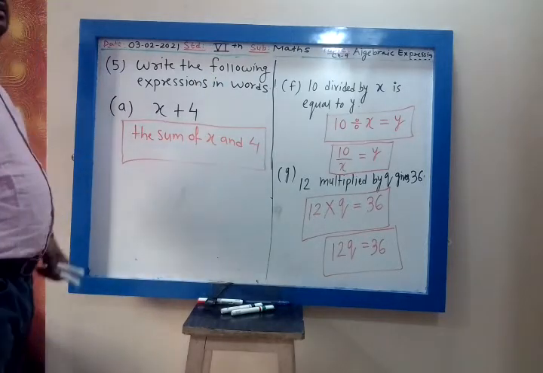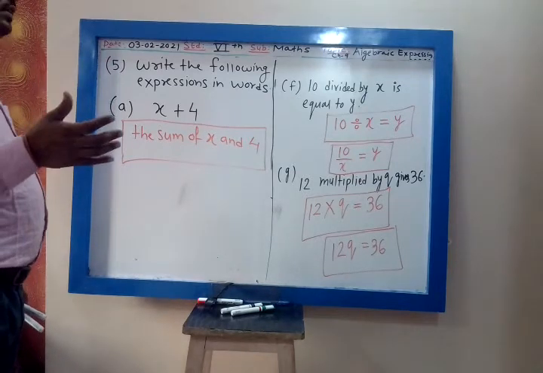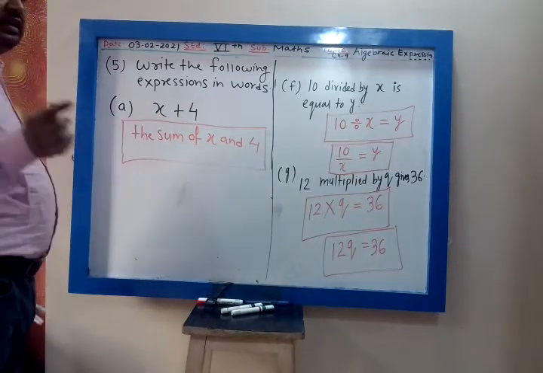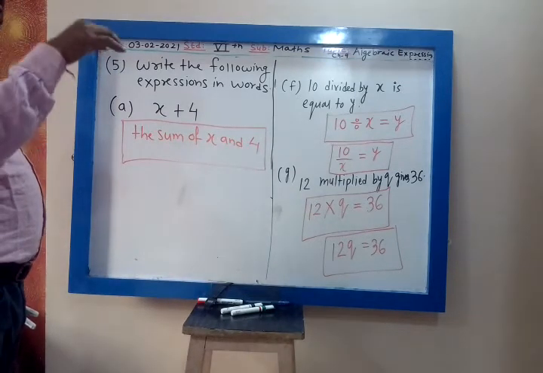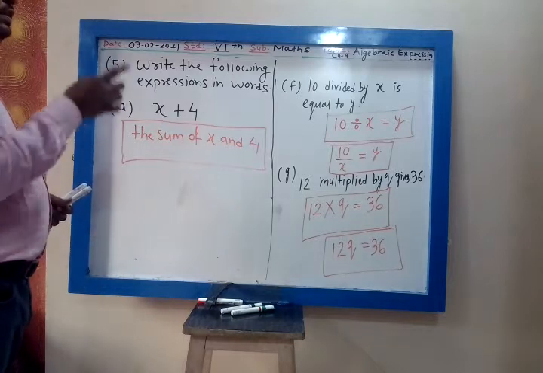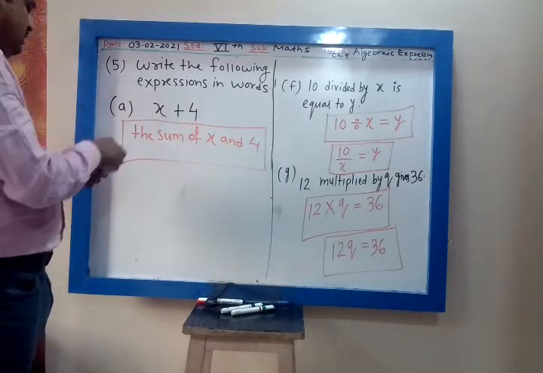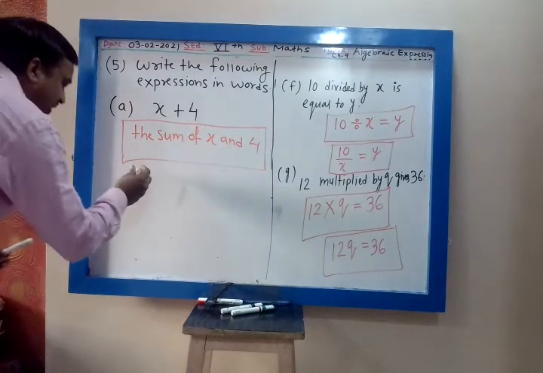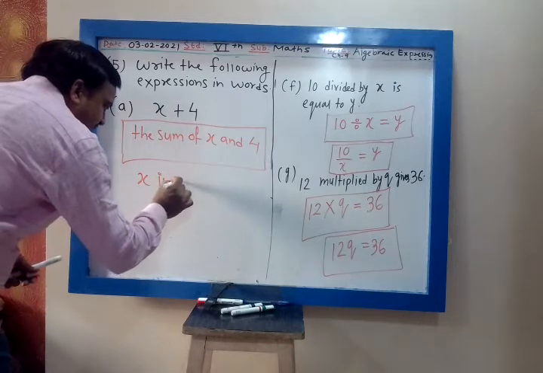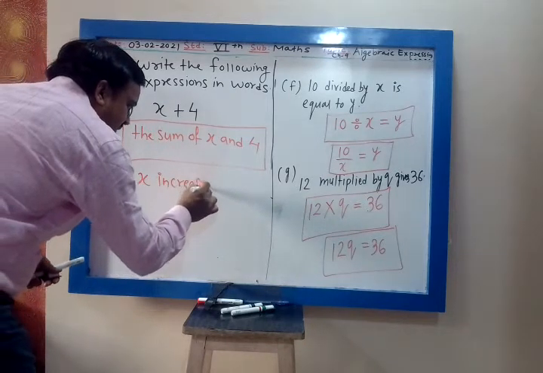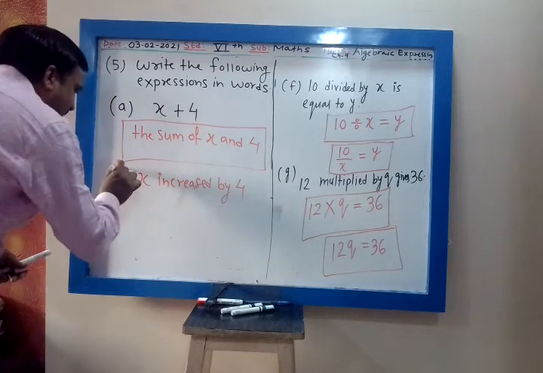The same x plus 4 you can write in other words. Now plus means increased. So which is increased? X is increased, by how many? By 4. So we write x increased by 4.